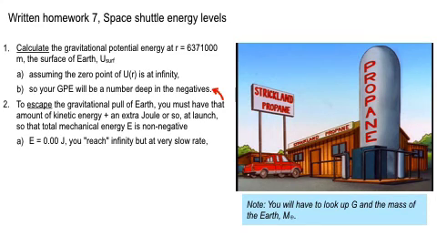Now, if the total mechanical energy is non-negative, that means it could be zero or it could be positive. If it's zero, then you reach infinity, but at a very slow rate, or what we would say asymptotically reach infinity. You're getting further and further out, as far out as you want to go, but you're losing speed.